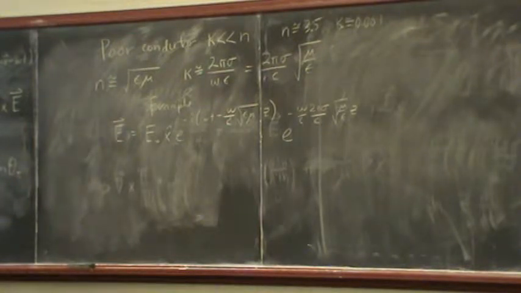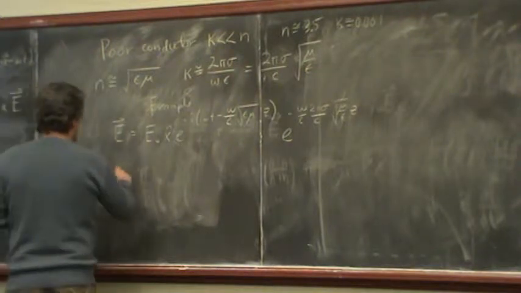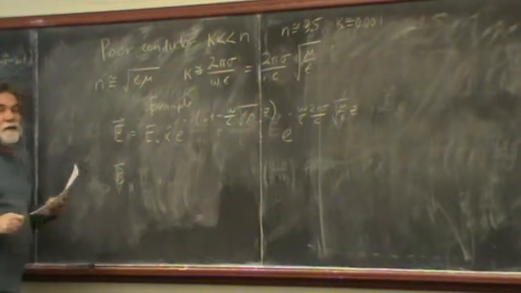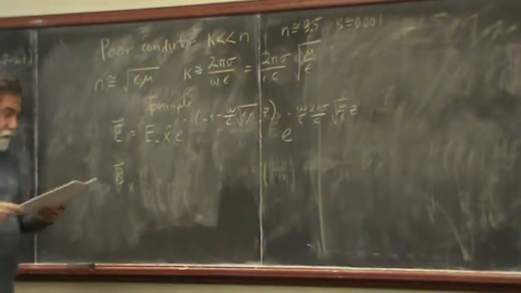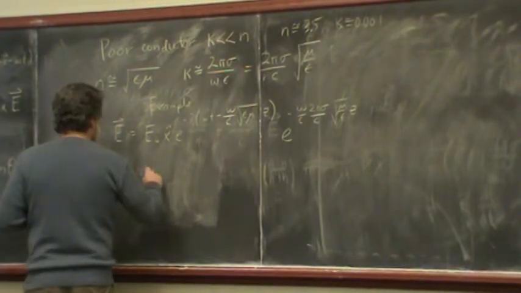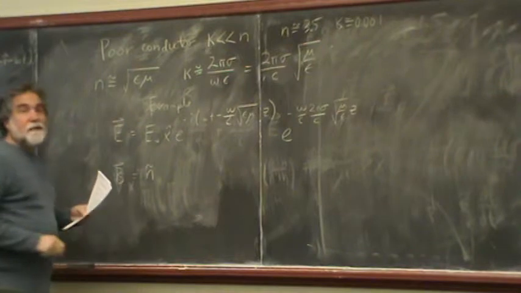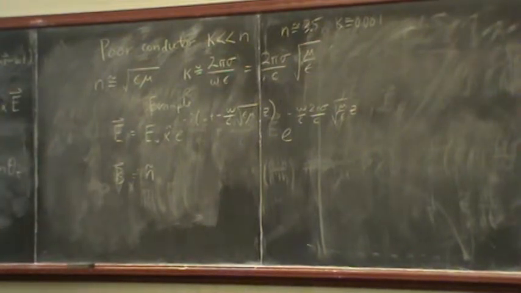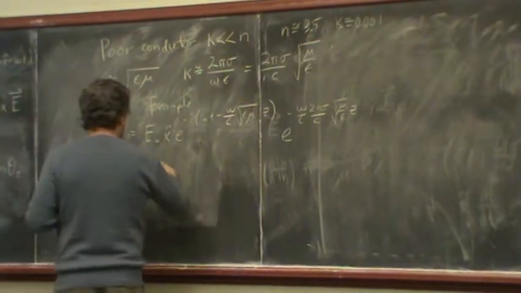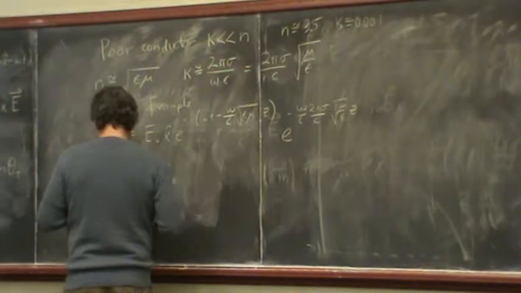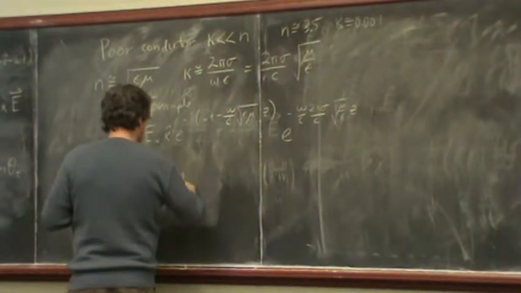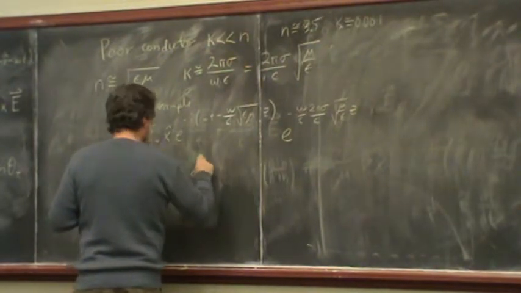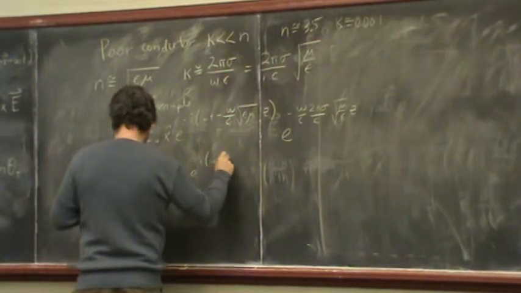We get a little bit of a complication when we consider the magnetic field in this case. But we can pretty much ignore it for the poor conductor, because the magnetic field is the index of refraction times E naught y hat e to the minus i omega t minus omega over c.